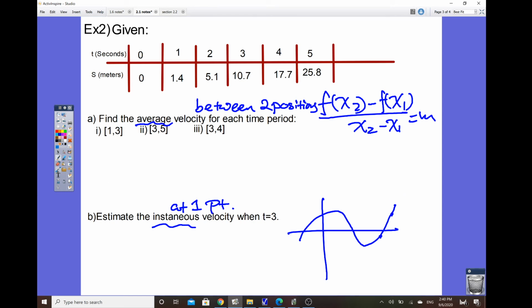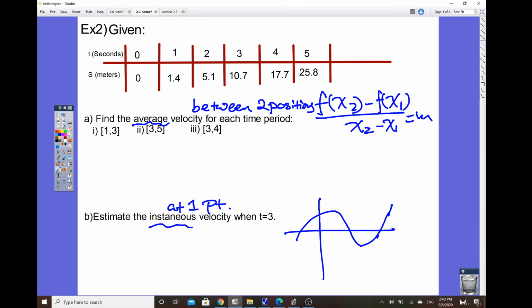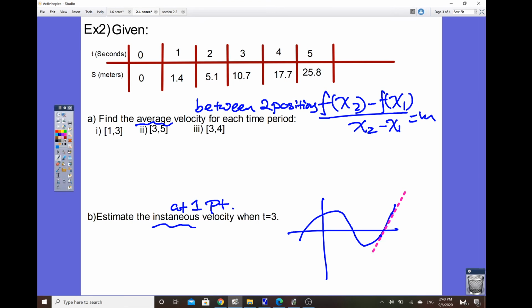Okay, so let's see. Again, I need the tangent line here. And the secant line goes first, so that's the average rate of change. Now, in between these 2 points, let's say we have a point somewhere in the middle of those 2 points, right here.